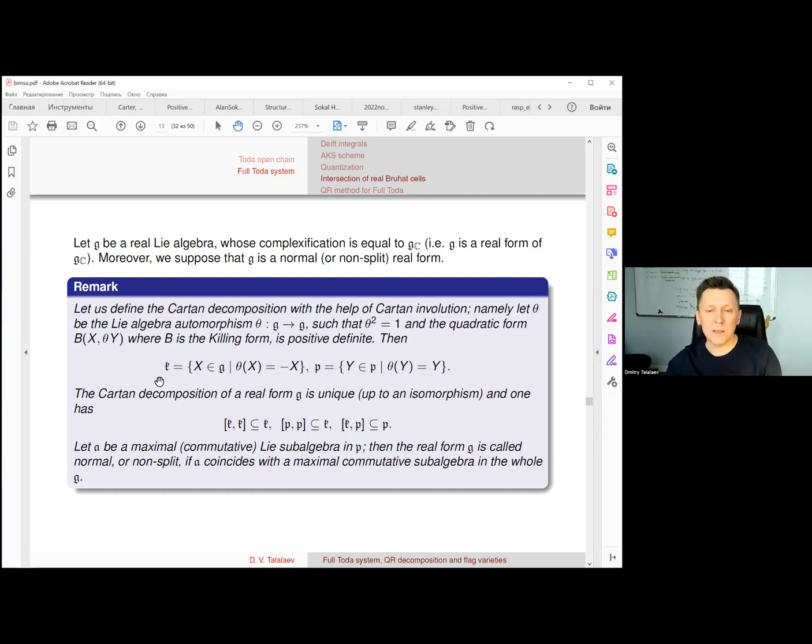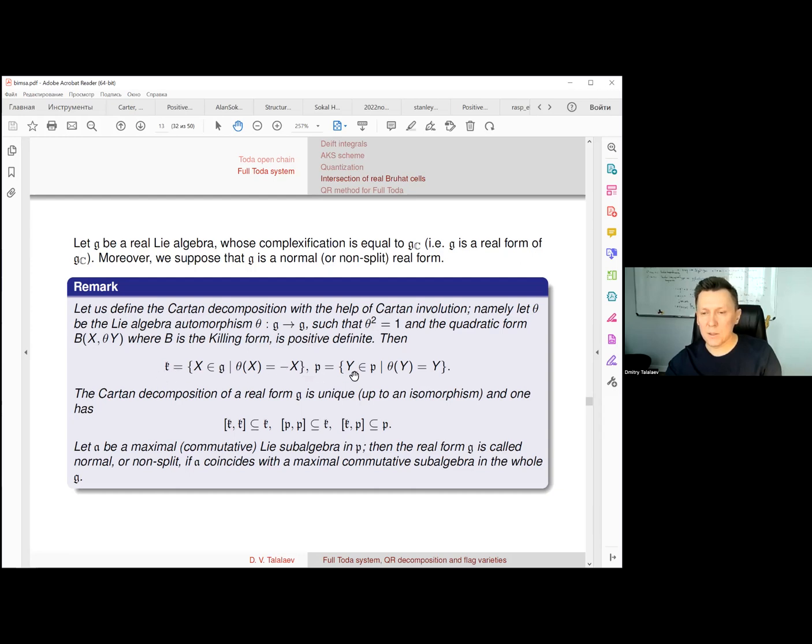Then we can define the eigen subspaces of this involution. The subspace k corresponds to the eigenvalue -1 of the Cartan involution. The subspace p corresponds to the eigenvalue 1.